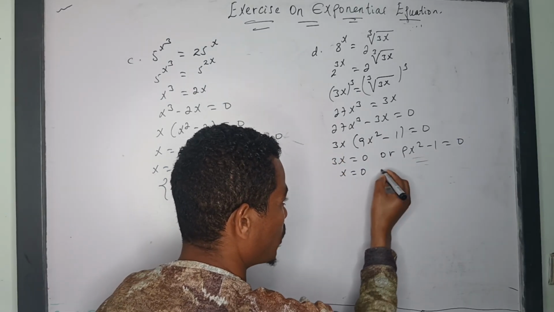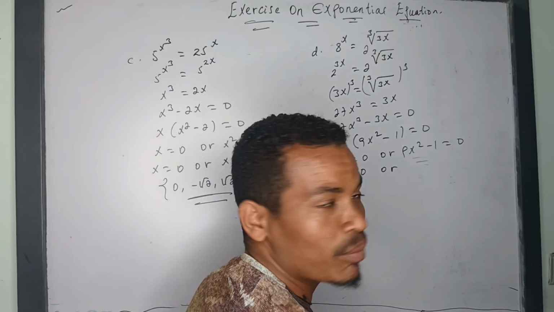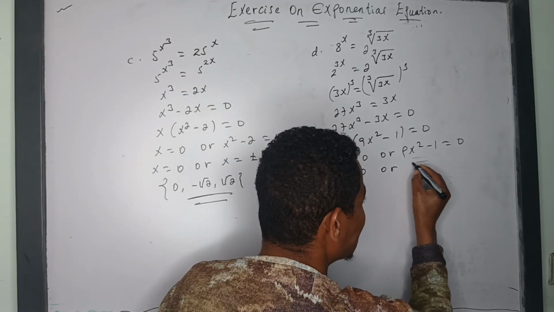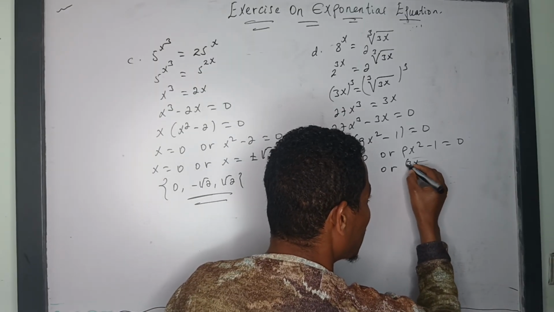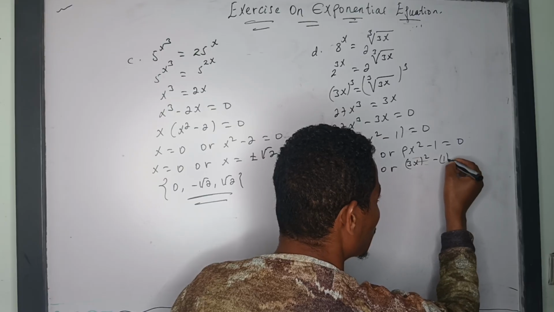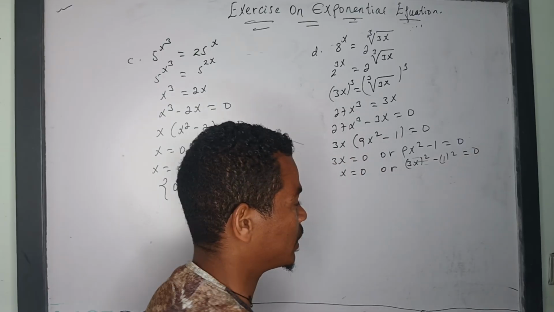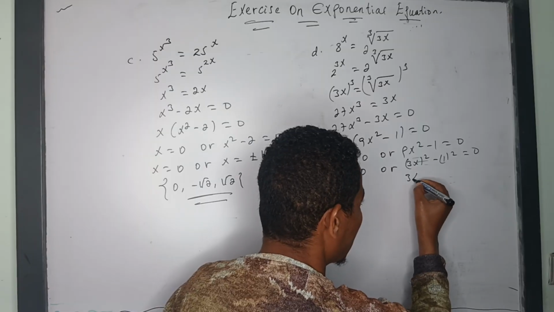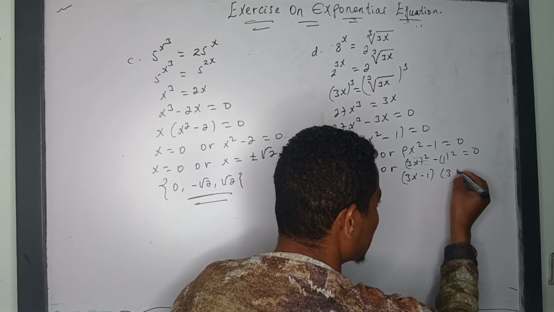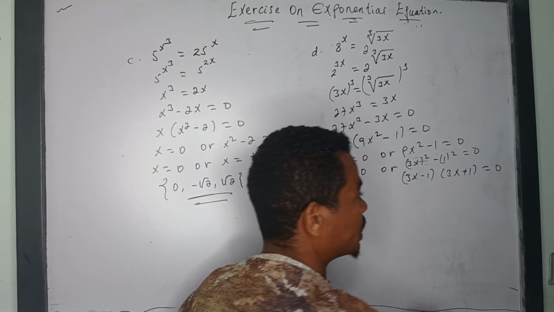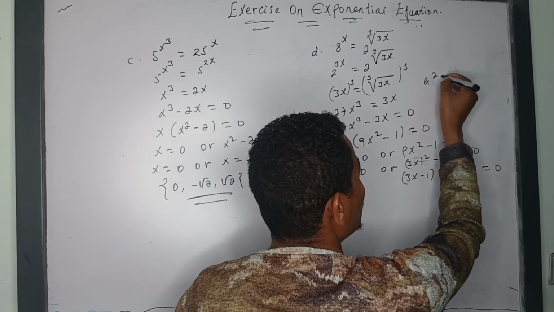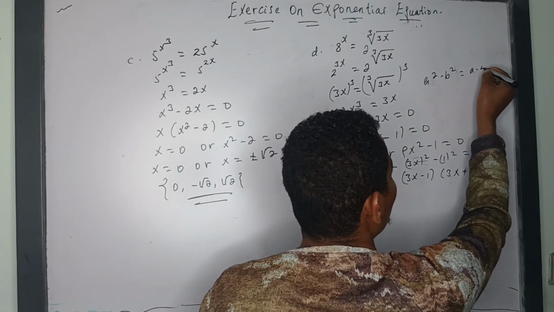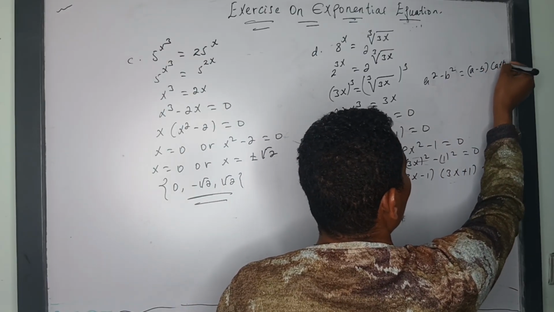x is equal to 0 or 9x square minus 1 is the same as (3x) the whole square minus 1 the whole square is equal to 0. This is the difference of squares of two numbers. So this becomes (3x minus 1)(3x plus 1) is equal to 0. That is a square minus b square, which gives (a minus b)(a plus b).